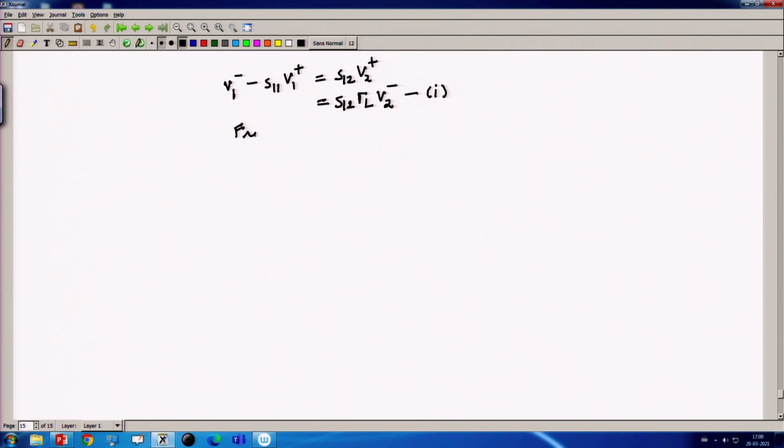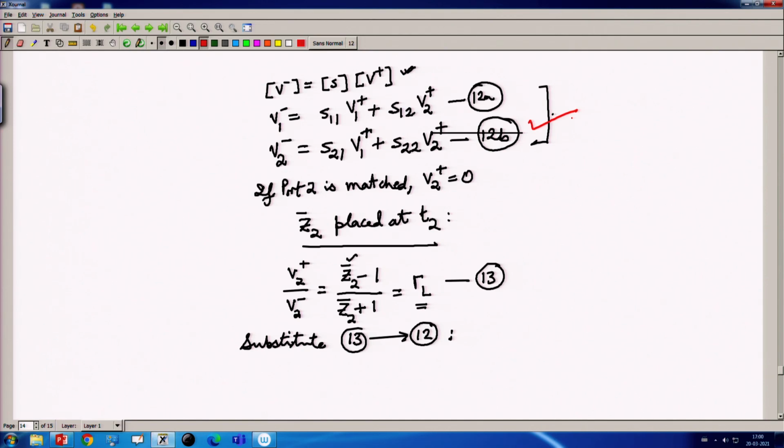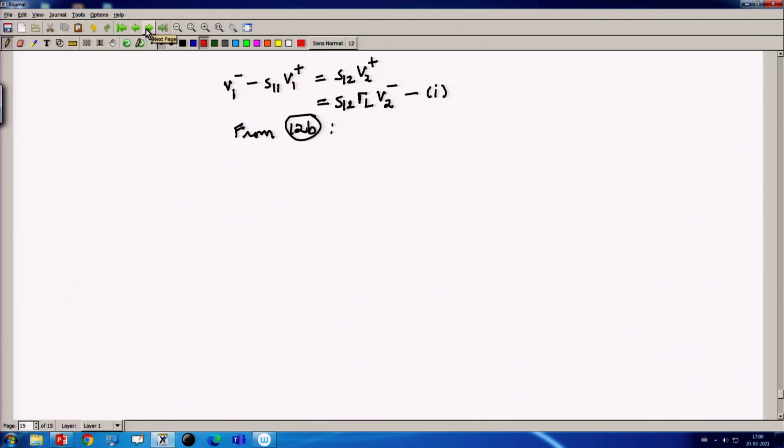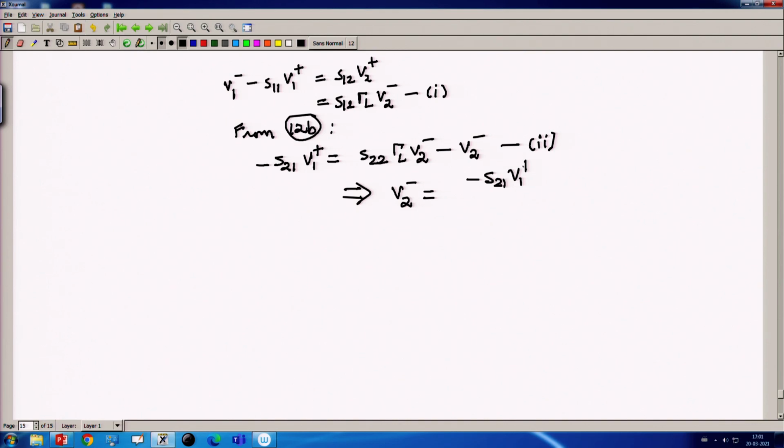And from 12B, which is this equation, we can get, call this 2, which will mean V2 minus is minus S21. So, we call this 3.